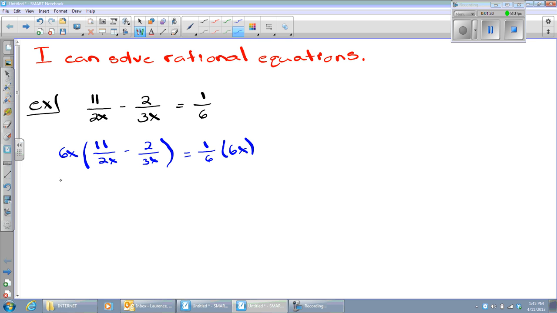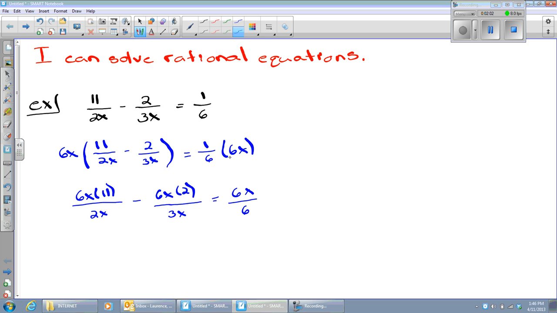Okay, now we're going to distribute the 6x, so we're going to have 6x times 11 over 2x minus 6x times 2 over 3x, and that is equal to 6x over 6.